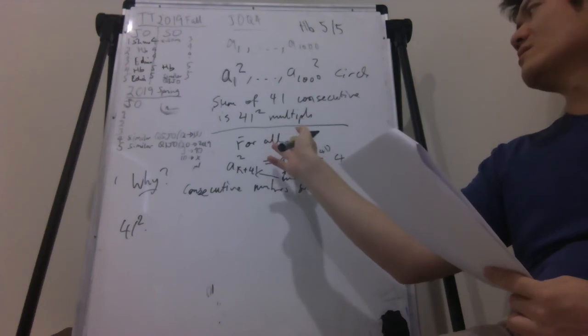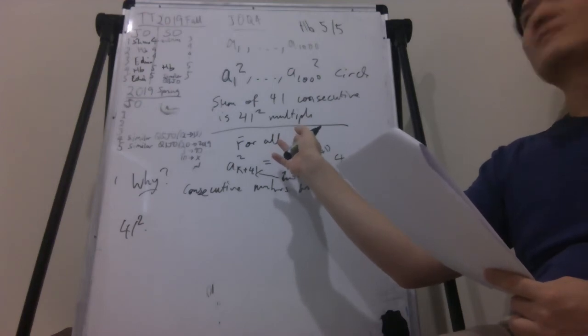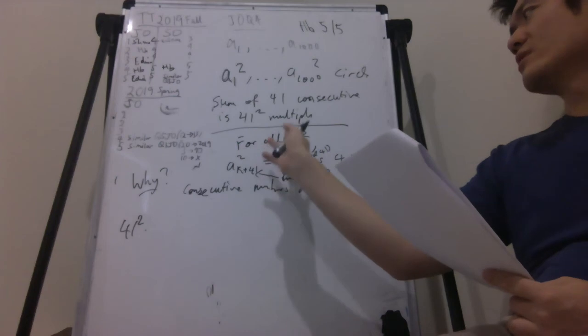Because it's not clear what all the ak squareds are. If you want to be really precise, they could all have the same value, so how many numbers are you even talking about? So this is for all the k.